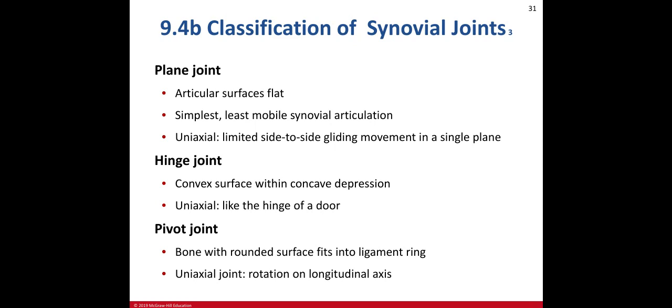That's where a bone with a rounded surface fits into this ligament ring. And that is also a uniaxial joint where you have this longitudinal axis, which all sounds like it doesn't make a lot of sense, but you'll see shortly the picture that we're looking at there, and it will make more sense.